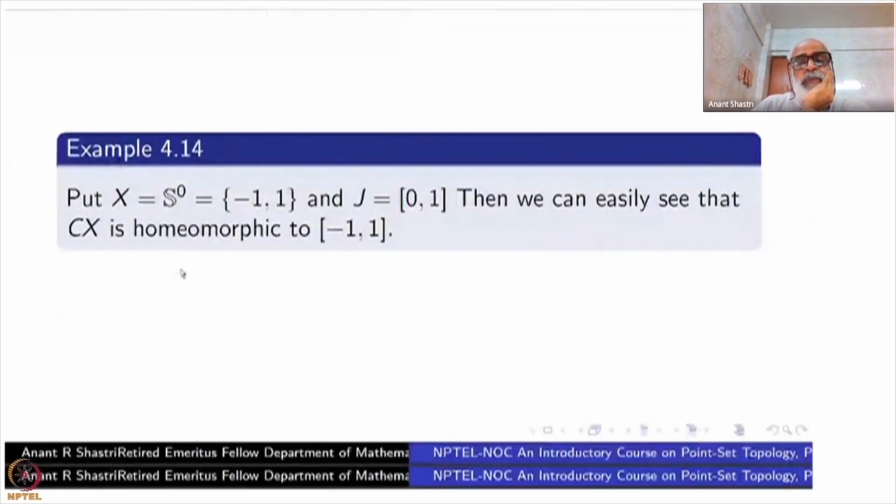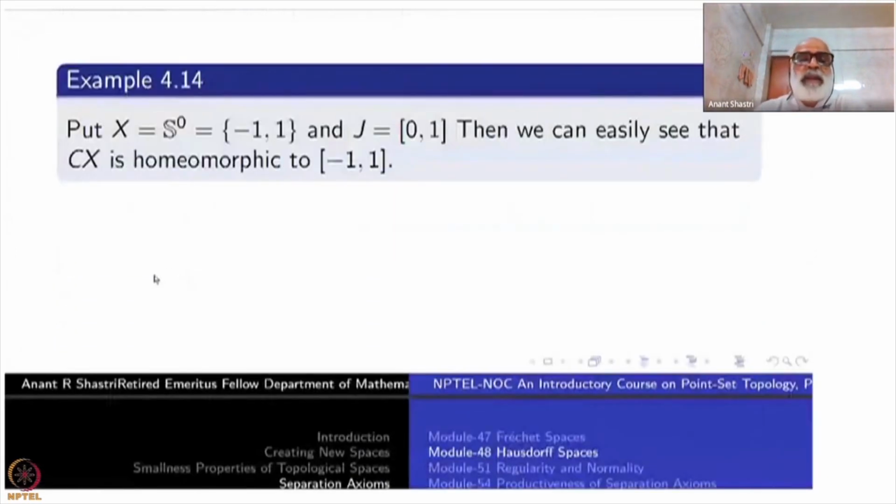Now I will come to specific examples. Suppose you start with S0, that is the zero-dimensional sphere, which is just the unit vectors, unit numbers inside R. It's -1 and +1. The topology is the discrete topology on that. What will be the cone over that? To be very specific, now I take J equal to the closed interval 0 to 1.